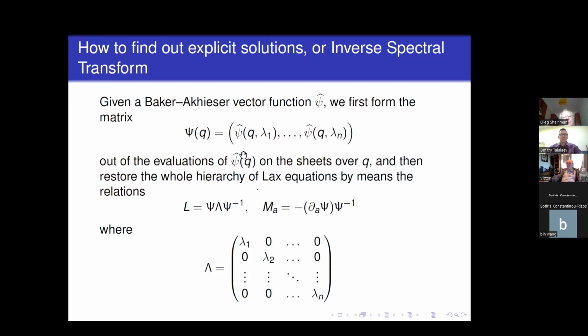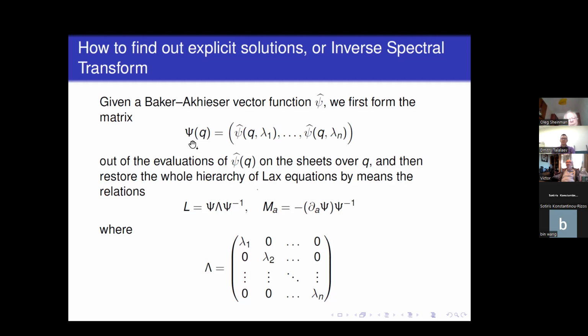And take the point Q, take its pre-images on the spectral curve. We obtain n vectors depending on Q, and we form the matrix capital psi, considering psi hat of Q lambda_j as the columns of this capital psi.